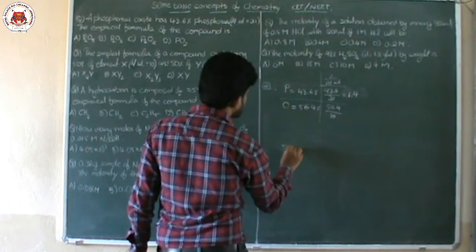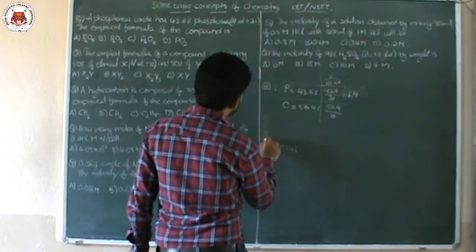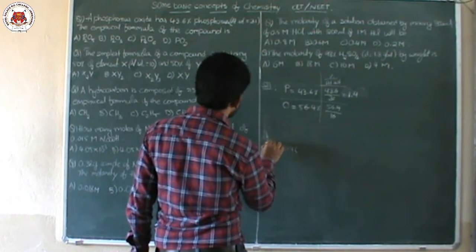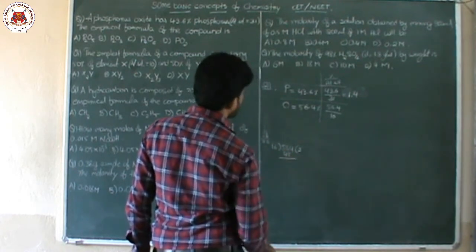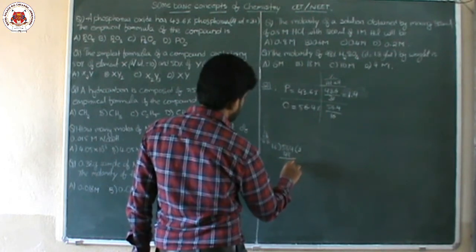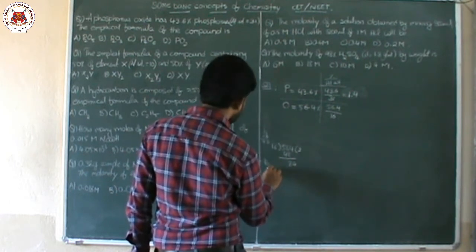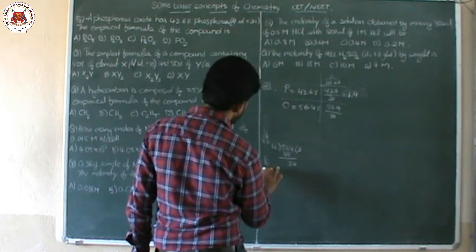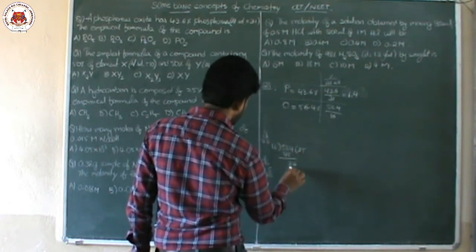Then 564 divided by 16. If I take 3 times, it will be 48, and 5 times it is 80.